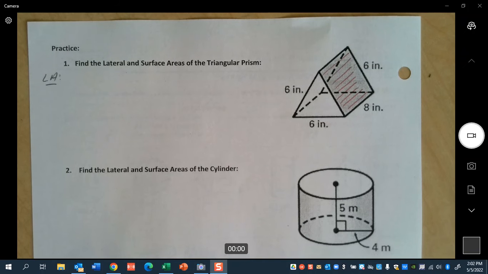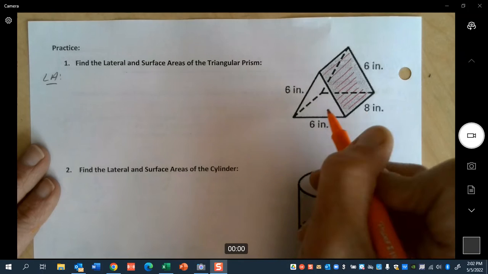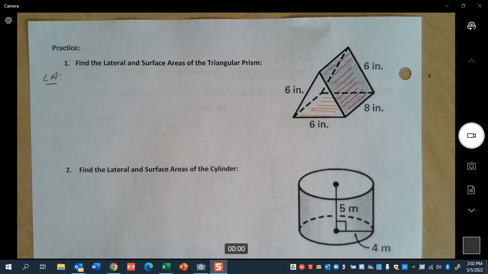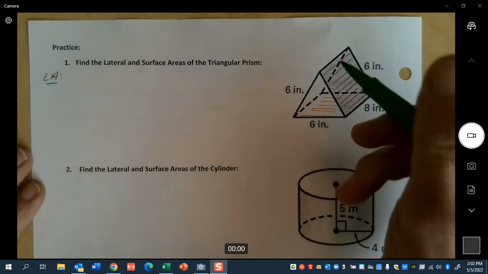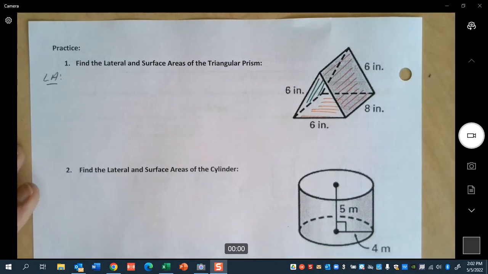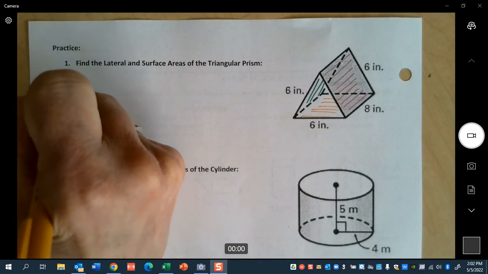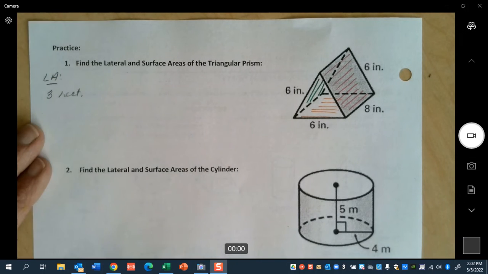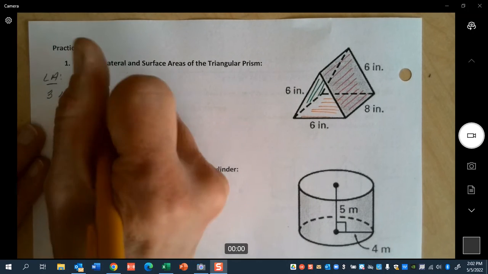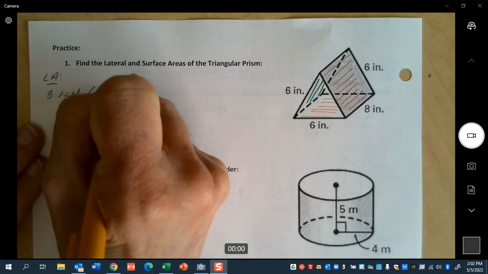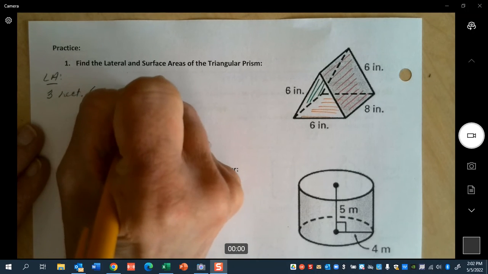If I look here at my pink, my orange, and my green sides, I can see that I have 3 rectangular sides. And those rectangular sides all have a measurement of 6 by 8.